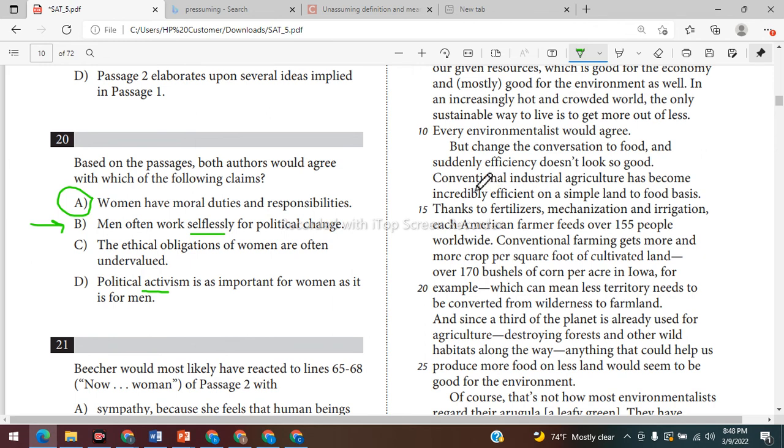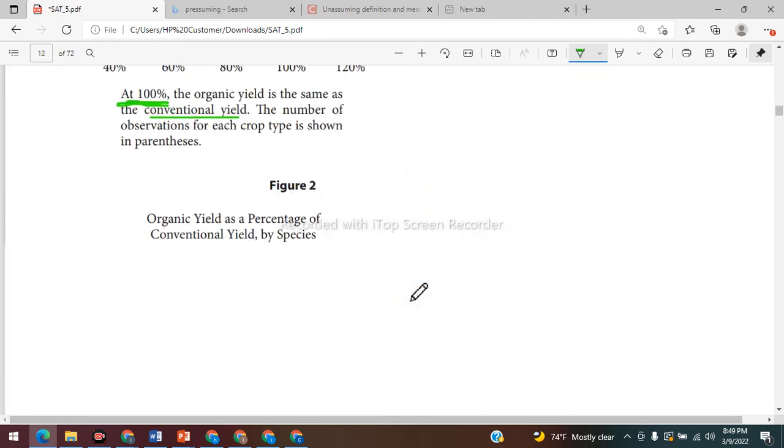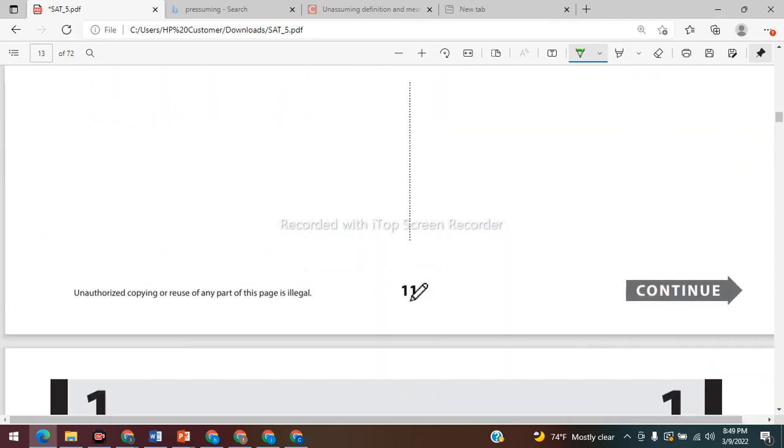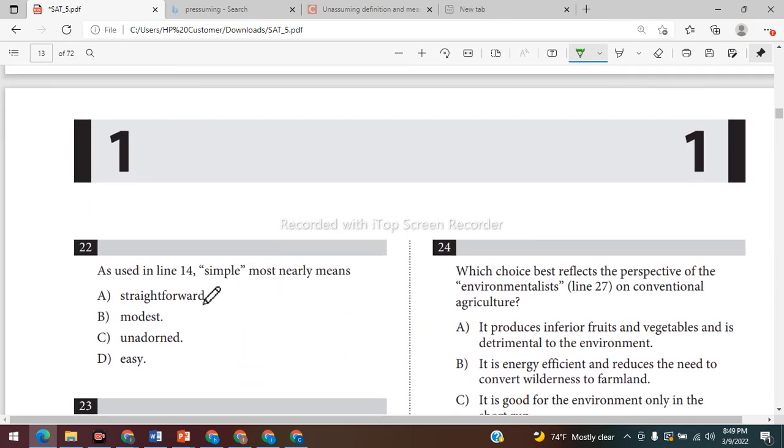It says, conventional industrial agriculture has become incredibly efficient on a simple land to food basis. Is it straightforward, modest, unadorned, or easy?